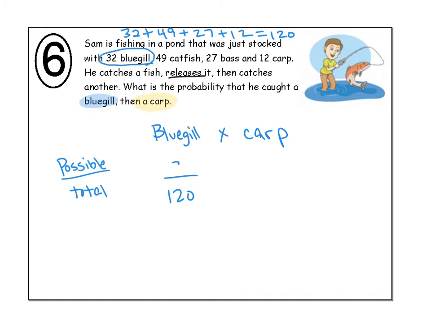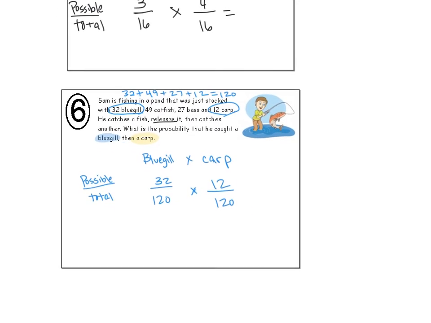Bluegill is 32. Then he is replacing that fish. Remember, this is a catch and release pond. So he catches that bluegill, but he puts that bluegill back. So once he catches that carp, we still have 120 fish in that pond because he put that fish back. And then we look at how many carp, and he's got 12 carp. So you're going to finish that problem by multiplying straight across and then reducing to get your probability.